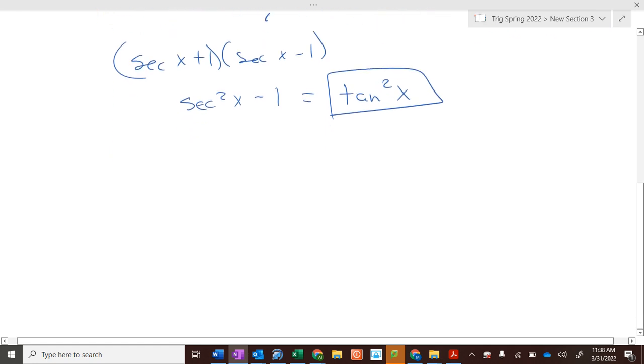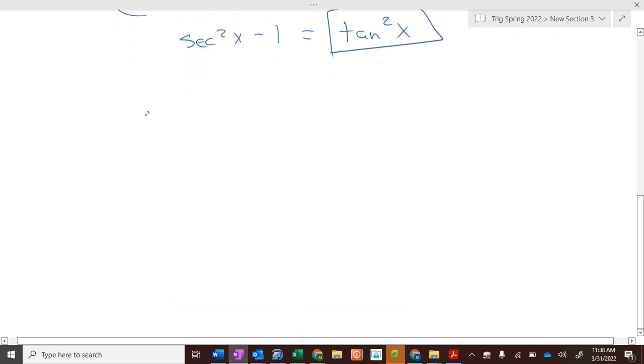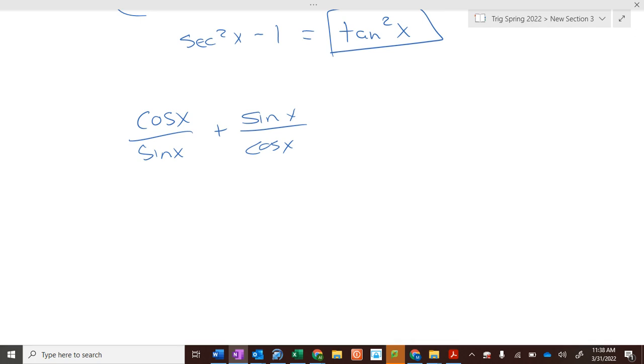That's it. All right. What if I have cosine of x over sine of x plus sine of x over cosine of x? What would that work out to be? Well, when you add two fractions, they need to have a common denominator. Look at this, elementary school. That just paid off. All those things they talked about in elementary school math. So what's our common denominator going to be here?